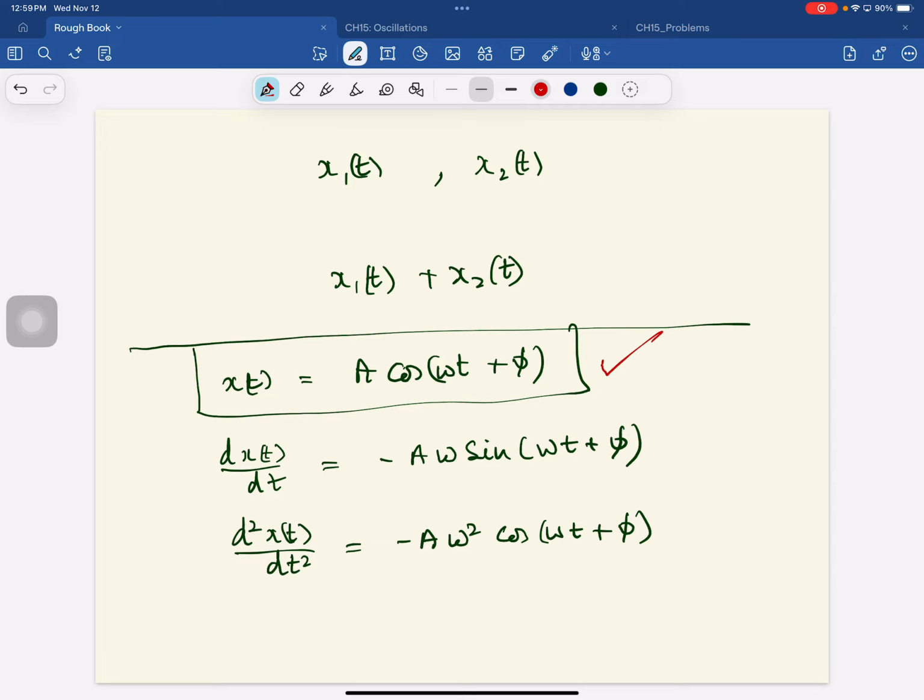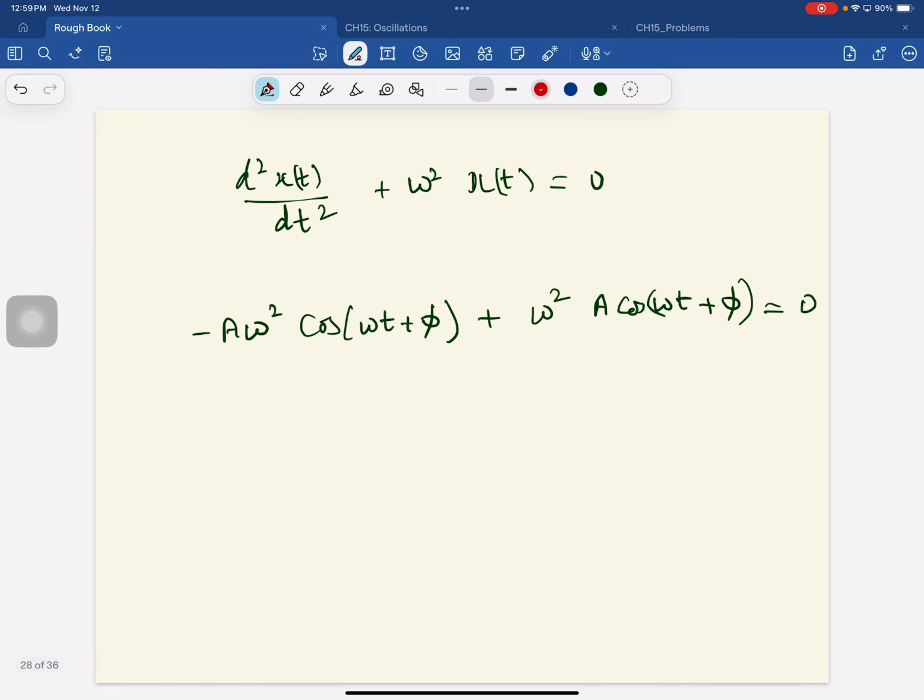It turns out that this is also a solution. This is an independent solution. And a combination of those two, so you have infinitely many solutions. Those are the two linearly independent solutions.